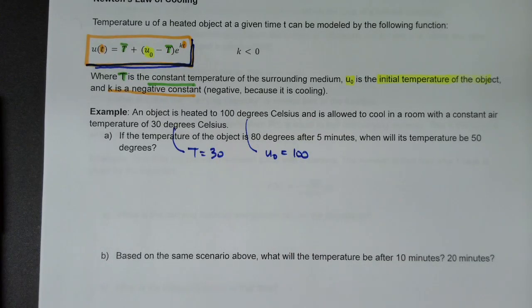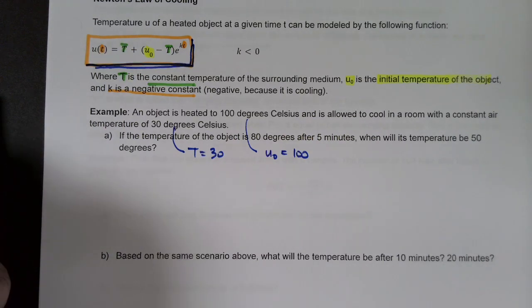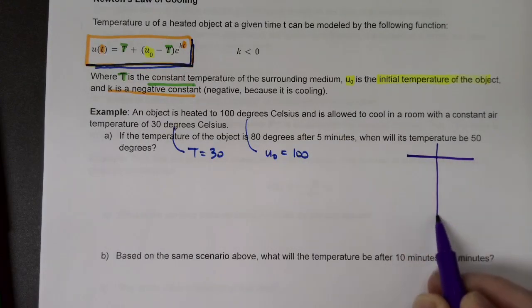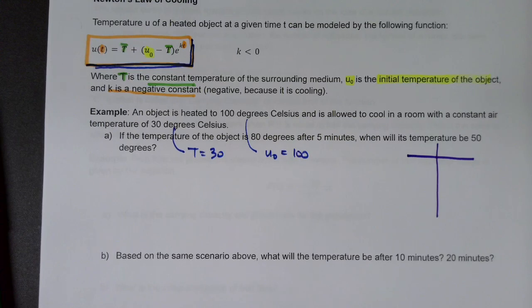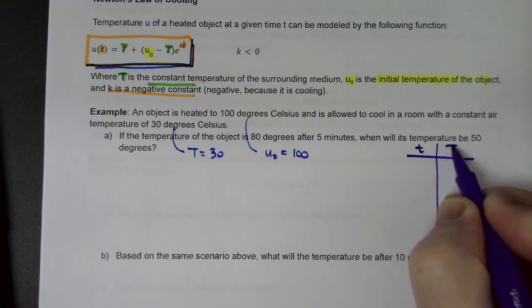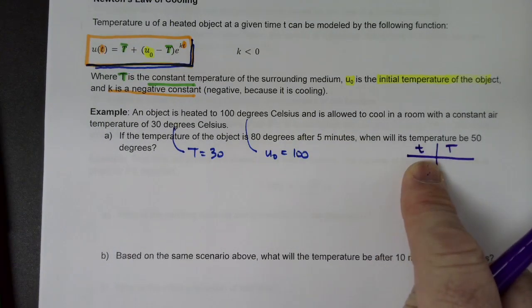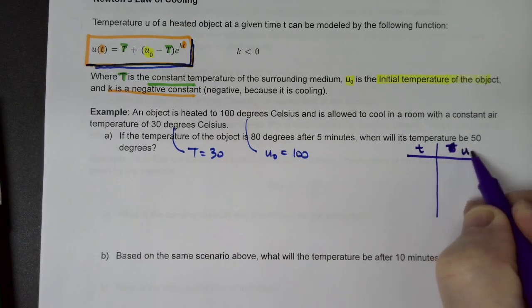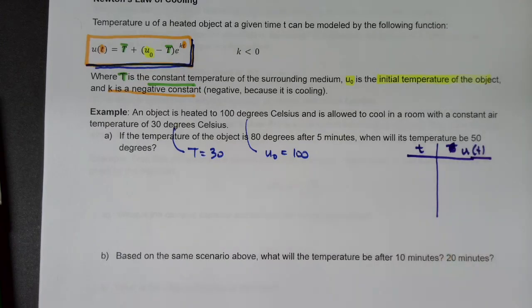Now it says if the temperature of the object is 80 degrees after 5 minutes, then when will its temperature be 50 degrees? Now, what I'm going to ask you to do is, on these, just to keep track of what we have and what we know, put a little T table with lowercase t being the time, and U of t, the temperature of the object, as the x and y. Okay?